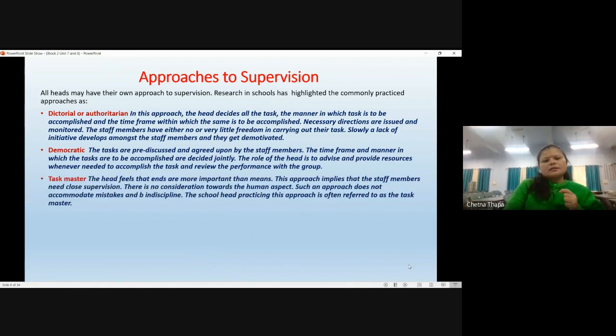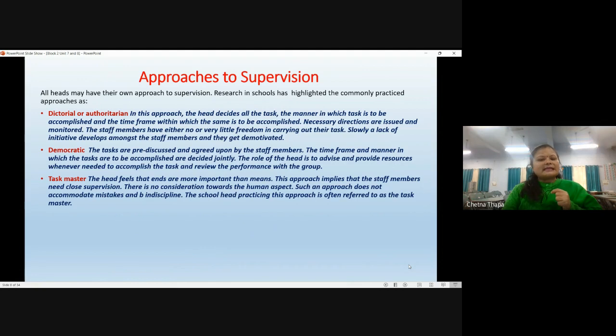When we talk about the taskmaster, it's here that the head feels that the ends are more important than the means. He's not inclined towards the review process. This approach implies that the staff members need close supervision. Here, the taskmaster has no consideration for the human aspects.